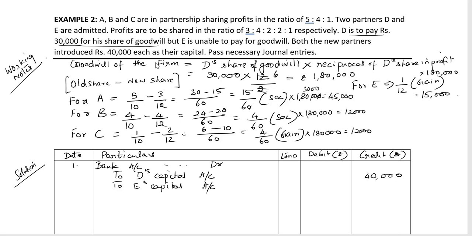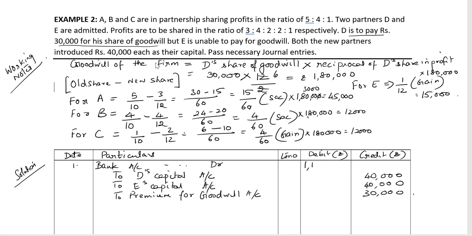E also brings in rupees 40,000 as his capital, and to premium for goodwill. Premium for goodwill is brought in only by partner D, and he brings in premium for goodwill of rupees 30,000.